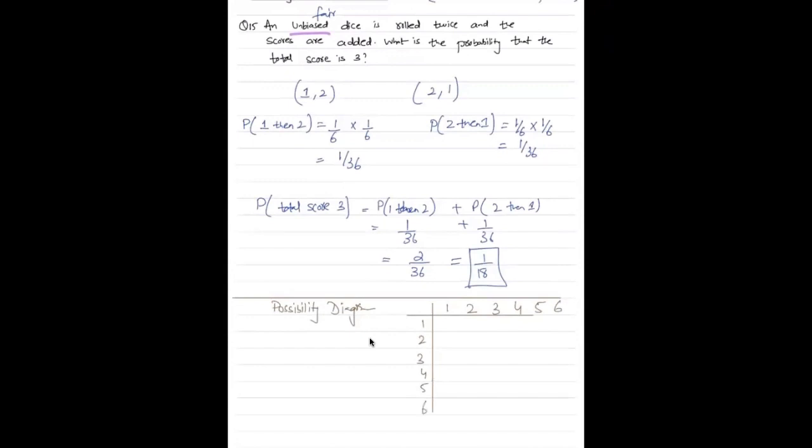If the score is calculated by adding the score on the first die and the second die, then 1 and 1, the score is going to be 2. 2 plus 1 is 3, 3 plus 1 is 4, 4 plus 1 is 5, 5 plus 1 is 6, and 7. And similarly, if you keep on adding, this is what you're going to get.